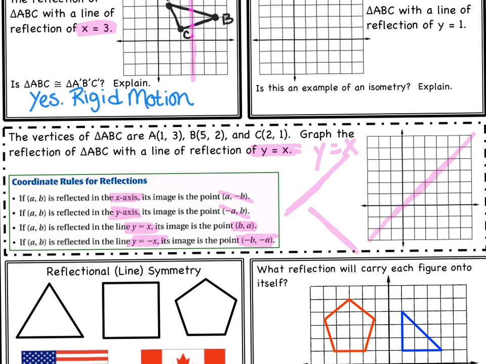So it's that perfect diagonal line that goes through 0, 0, 1, 1, 2, 2, etc. And I have my original points at A (1, 3). And it would help if I was on the pen instead of the highlighter. And then B is at (5, 2) again. And then C is at (2, 1).